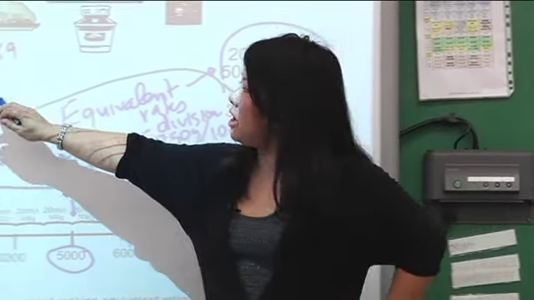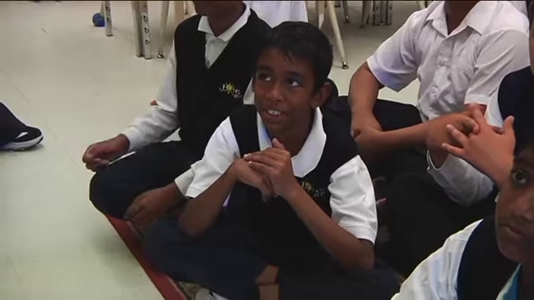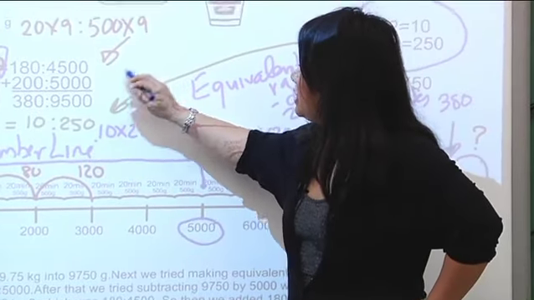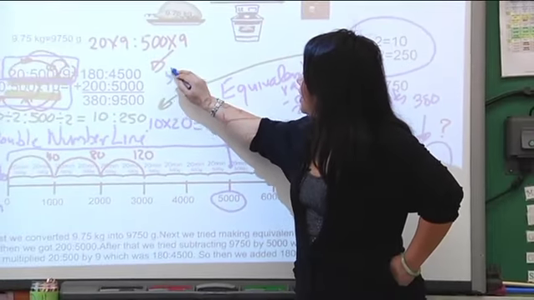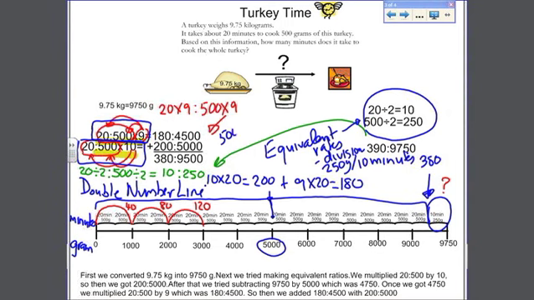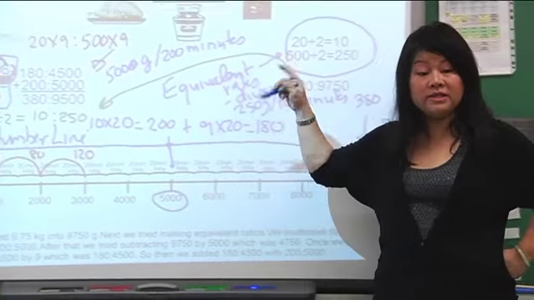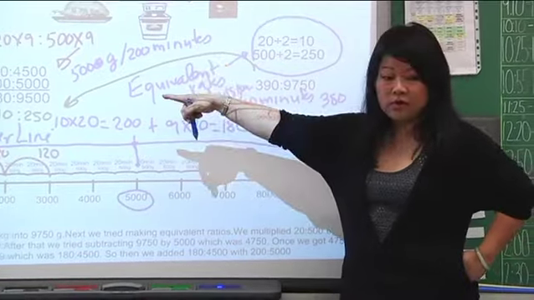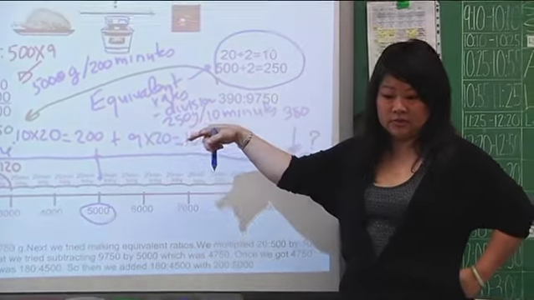Here, they use the operation of multiplication. Because they use multiplication here, let's pick another one, to get 5,000 grams in 200 minutes. Okay? So you can make equivalent rates by doing multiplication or division to the first term and the second term. Okay?